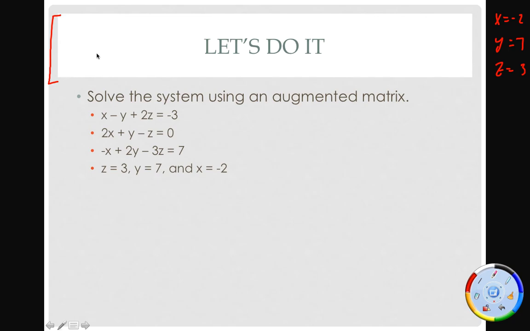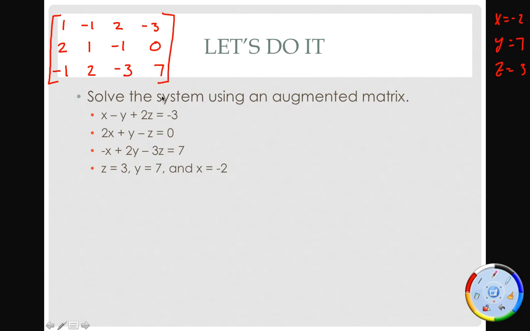Now this is the same one as we did before, and hopefully this time I'll get it right. I'm going to look at the coefficients and my equal piece here. The coefficients for the first equation are 1, -1, 2, and then -3 is my equal sign. My next equation is 2, 1, -1, 0, and my last equation is -1, 2, -3, 7.